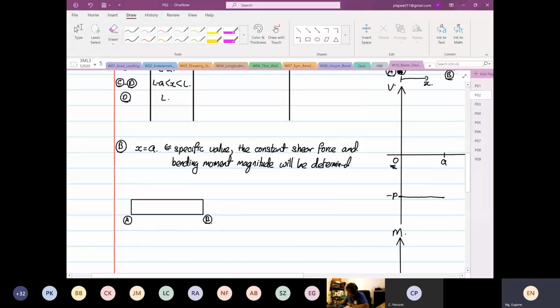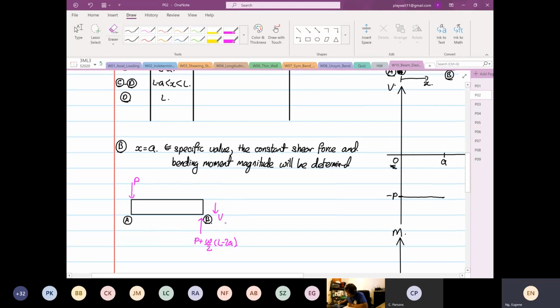So you have a load coming down, P, okay? And you have a reaction force at point B. And the reaction force over here we calculated is equal to what? P plus omega over 2 (L minus 2A).